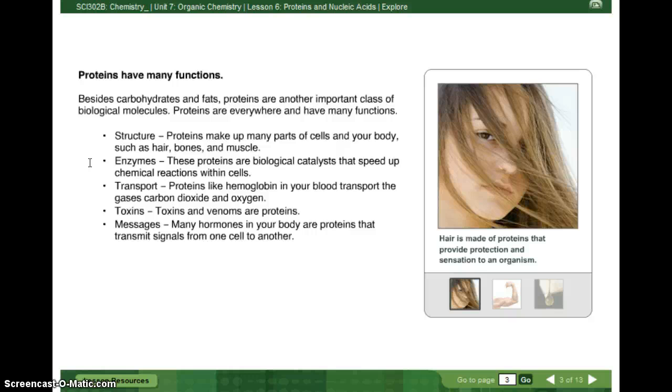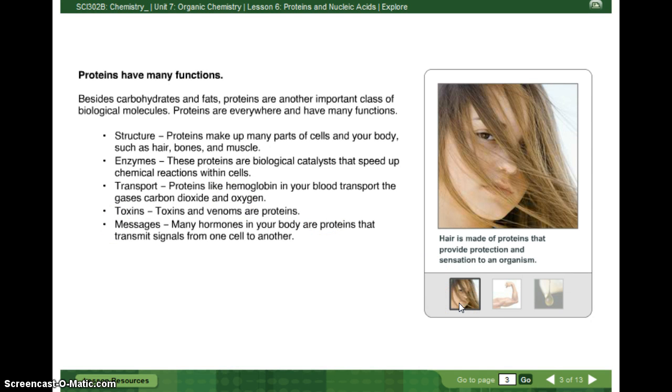And of course, because they're catalysts, that means they are not used up. Proteins can transport. Proteins like hemoglobin in your blood transport the gases carbon dioxide and oxygen. Toxins. Toxins and venoms are proteins, like snake venom. Messages. Many hormones in your body are proteins that transmit signals from one cell to another.